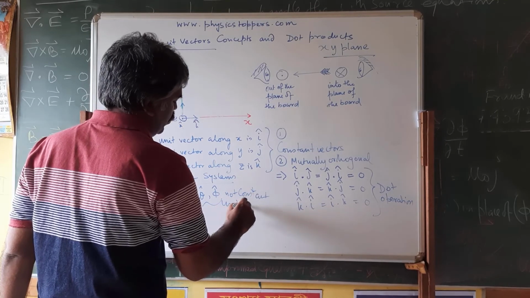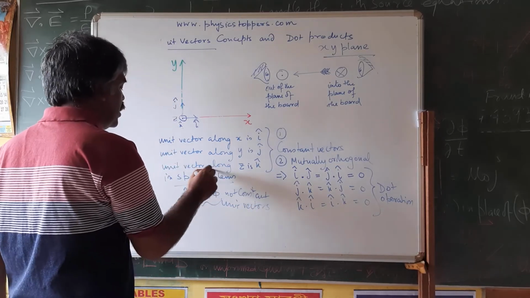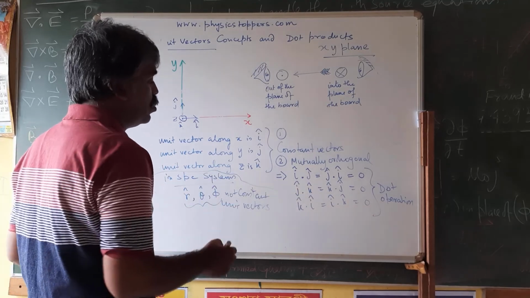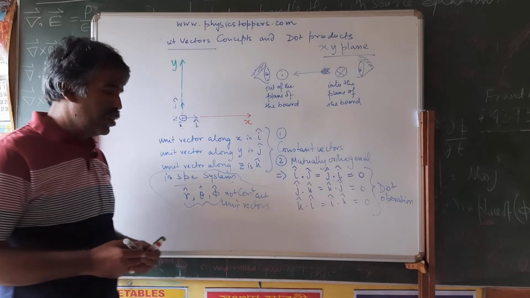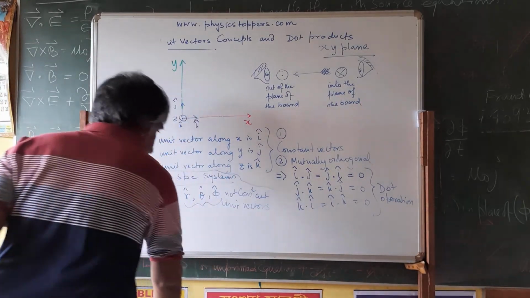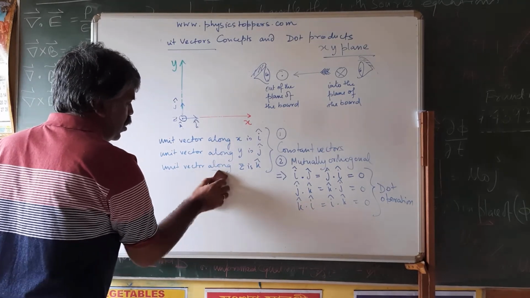For this you have to see specific videos on spherical polar coordinates. I just want to mention that this is a constant vector, and this is not a constant vector. Let's not go into the details of spherical polar coordinates right away.